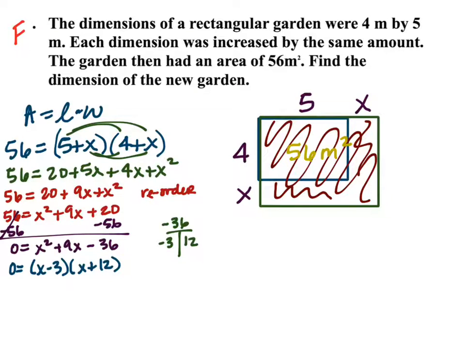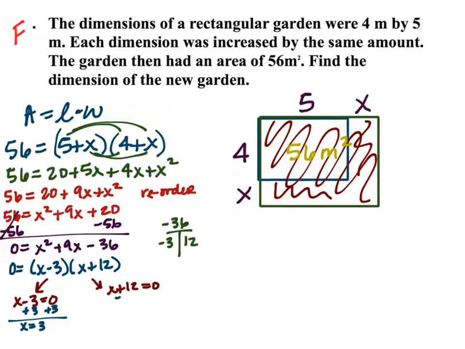I get to go about two separate equations using the zero product property. And I only care about the one that is positive. When I add 3 to both sides, I find that x is equal to 3 for this problem here, and that's a great thing because it's positive.